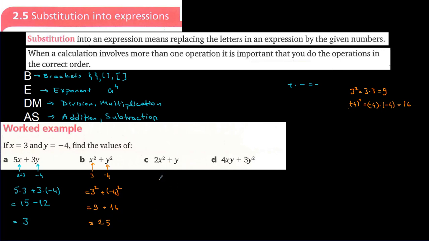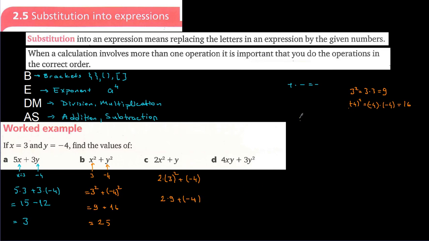Okay, if I substitute the values here, 2 times x squared, it is 2 times 3 square plus (-4). Since it is -4, I'm always writing it in parentheses. So 2 times 3 square, I'm going to do the operation first, which is equal to 2 times 9 plus (-4).